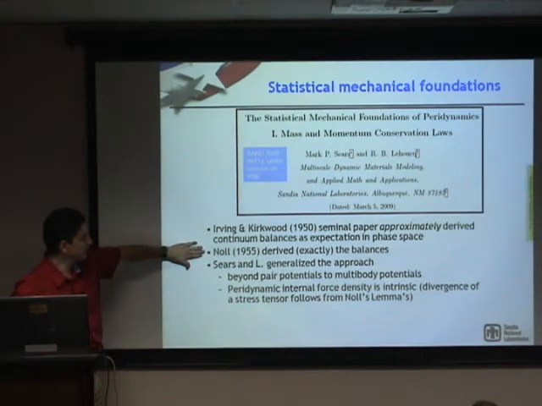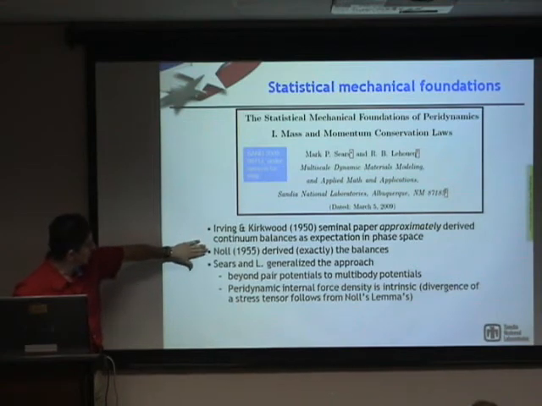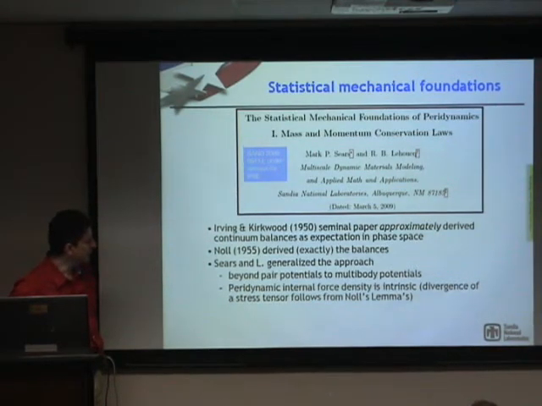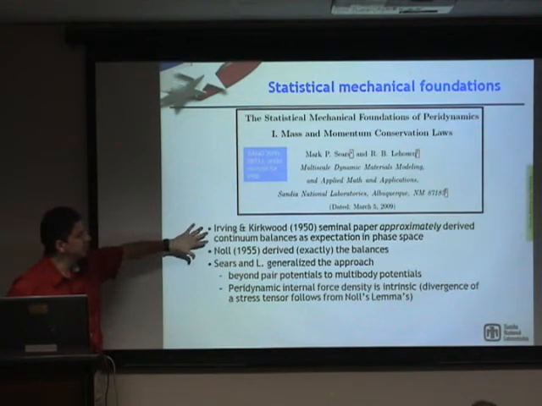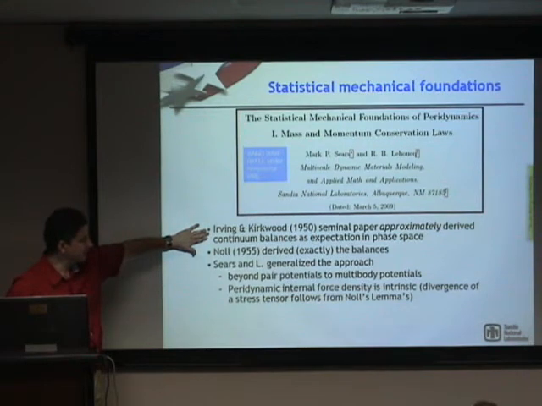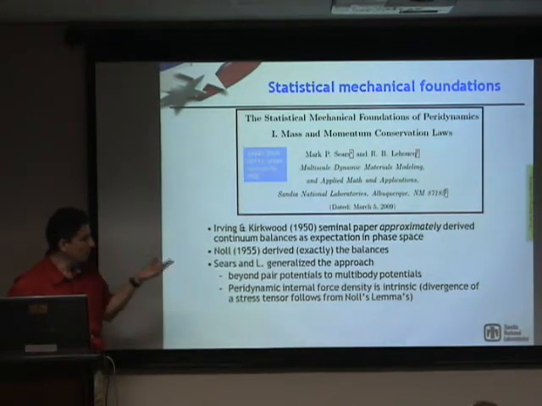Walter substantially improved the mathematics of what they did, and then Mark and I were able to generalize beyond just considering pair potentials to multi-body potentials. In particular, we were able to show that peridynamic state theory was actually what is suggested by this expectation in phase space. And so this is very interesting.